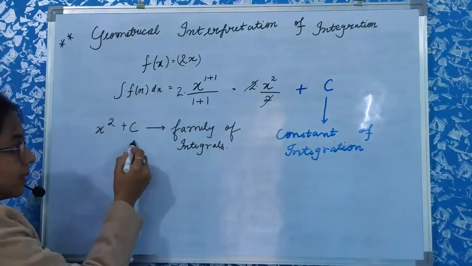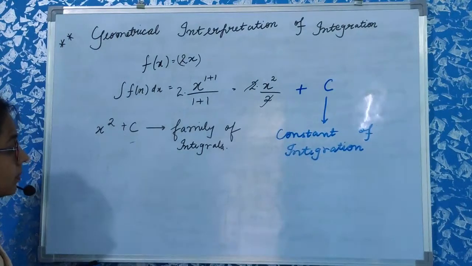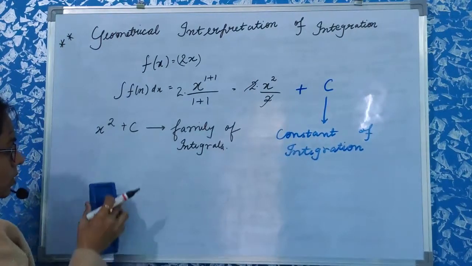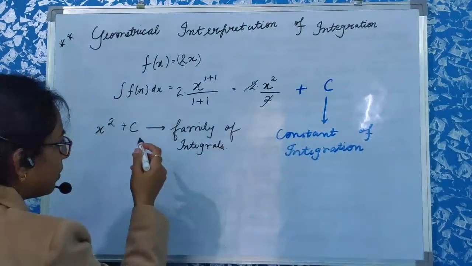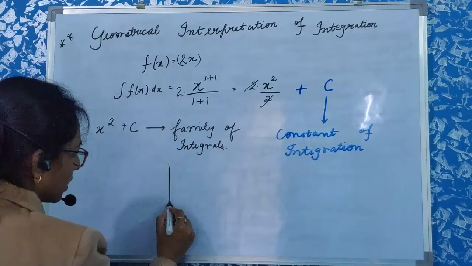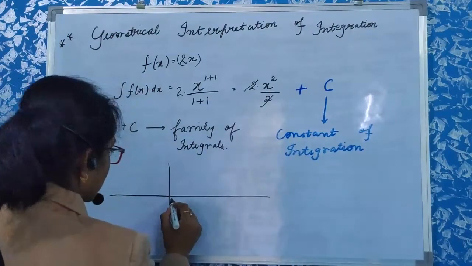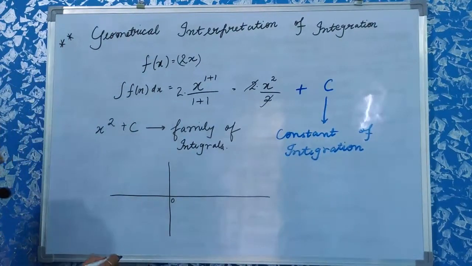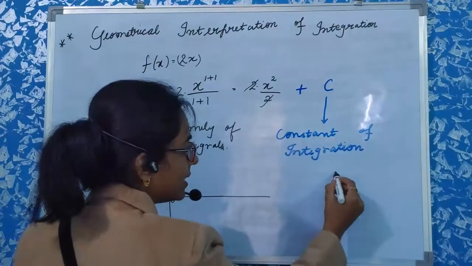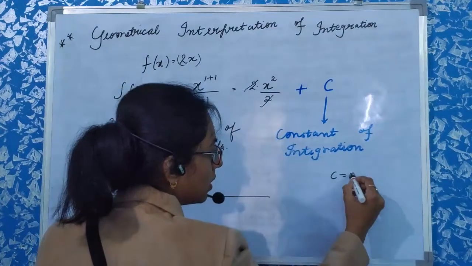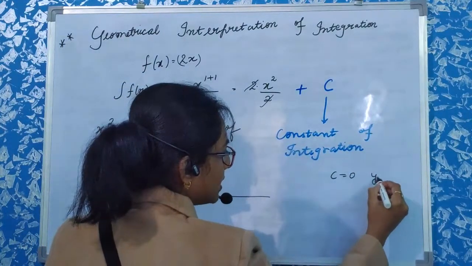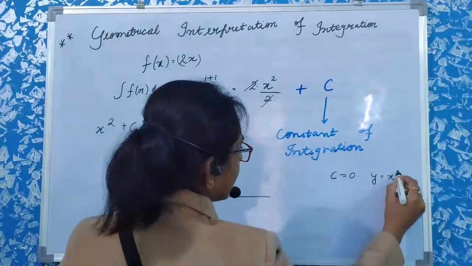They are different by this constant. So now, if you plot it, when c is 0, then y equals x square.